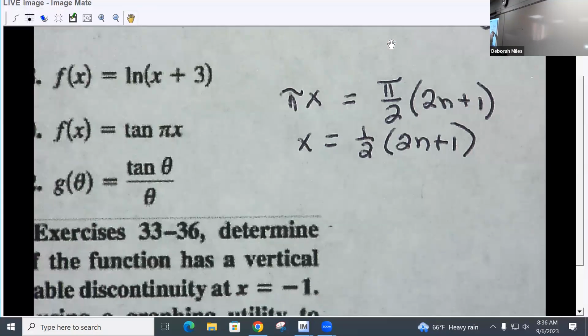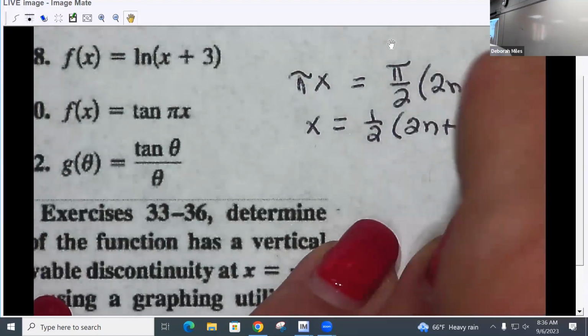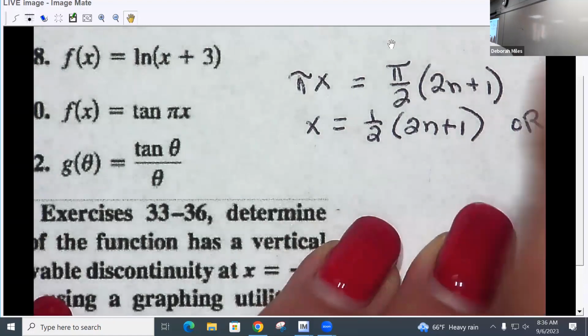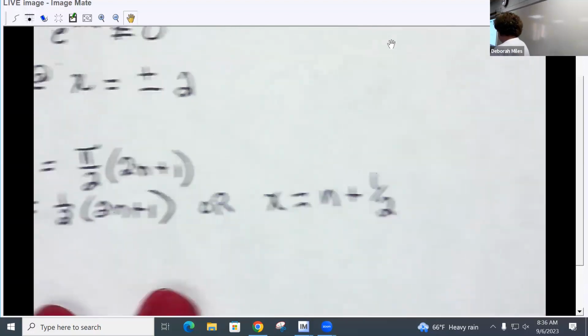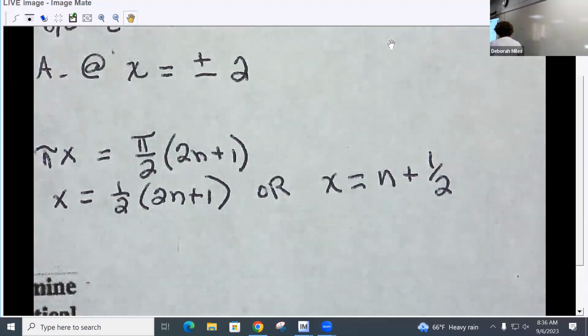If you look in the back of the book and it's not written like this, if they happen to have just n plus 1/2, how could you tell if your answer was equivalent to theirs? Or how could you tell if your answer was right?